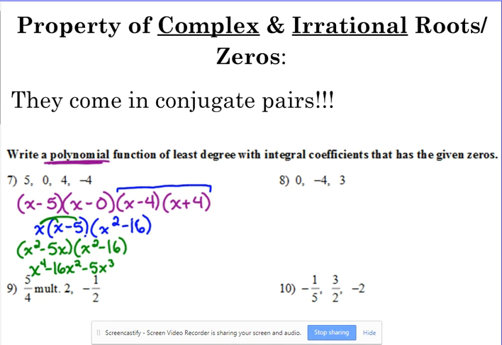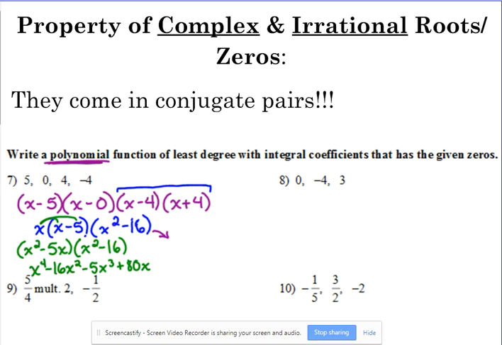And negative 5x times negative 16 is positive, what, 16 times 5 is 80? 80x. Okay, and you can write that in standard form if it bothers you terribly that the cubed and the squared are not in order, which I would prefer, but I'm going to show you the other direction we could have gone.